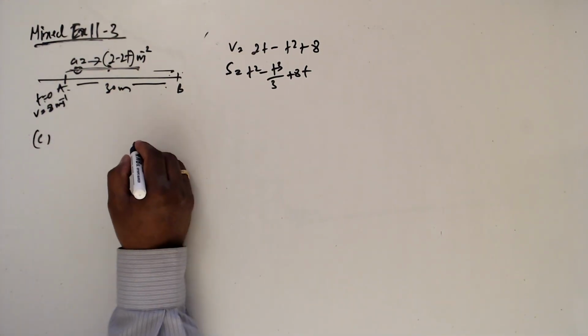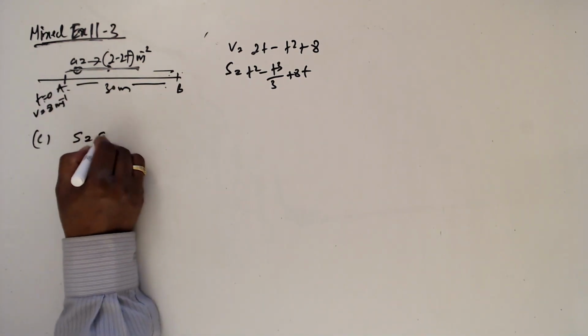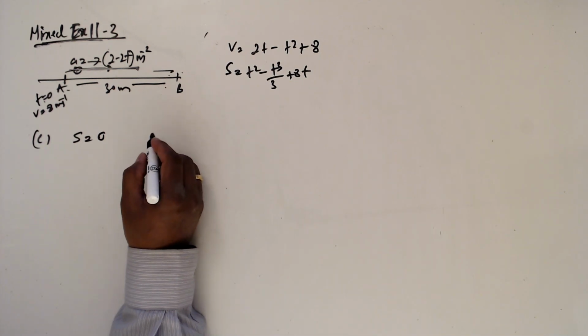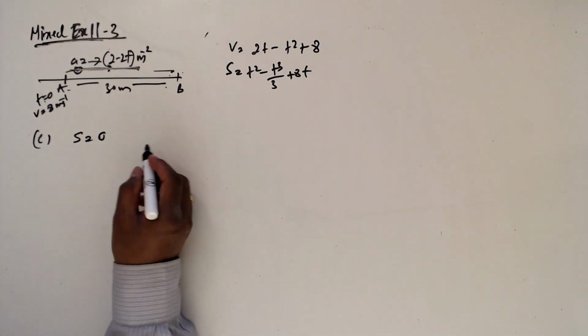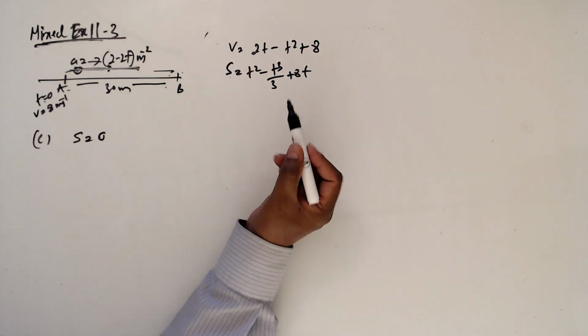Part C, find the value t when P returns to A. When P returns to A, basically s equals 0. So we need to find the time when s equals 0.